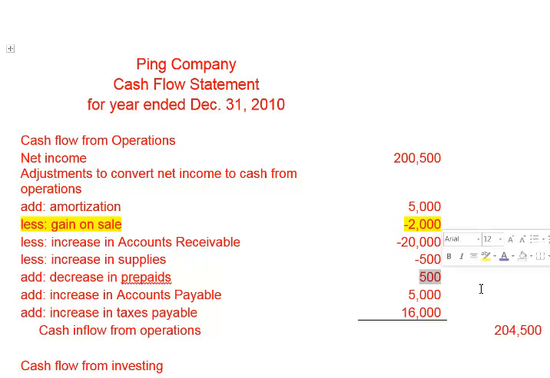But I want to reflect what I actually bought in prepaids, which was 500 less, but I'm reflecting expenses which are higher. So to adjust, I want to increase my accrual-based net income, so I'm only reflecting what I paid in prepaids, which was less than what I expensed. So I want to add to my net income to convert it to the cash basis.